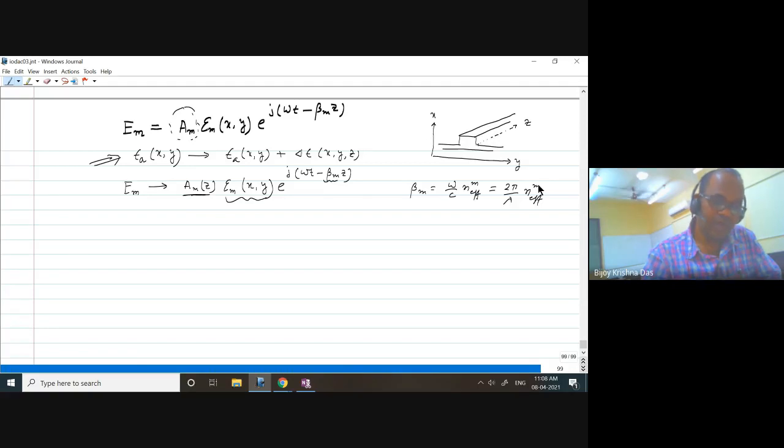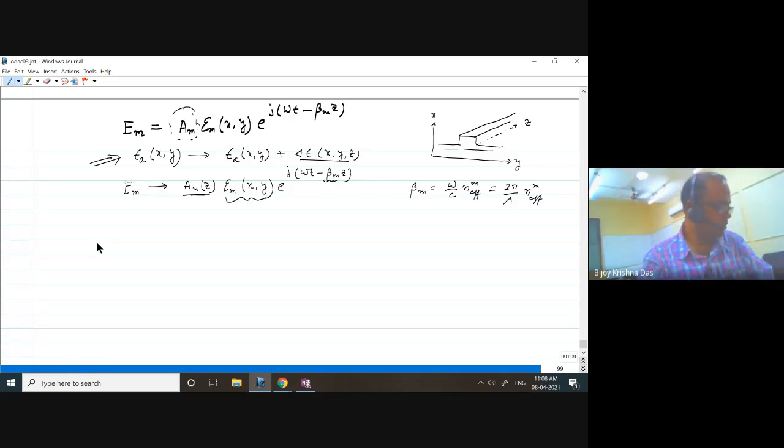That means the effective index of the mth mode is also not changed, we are assuming, and the mode profile also is not changing much, but power can somehow evolve because of this type of perturbation. That is the assumption. So that type of perturbation we can consider, right?